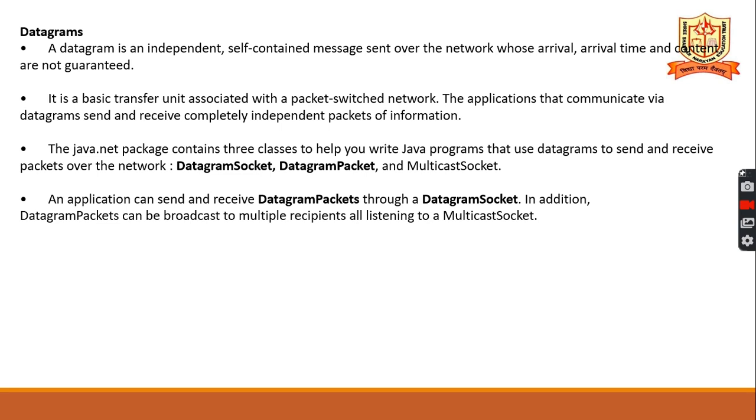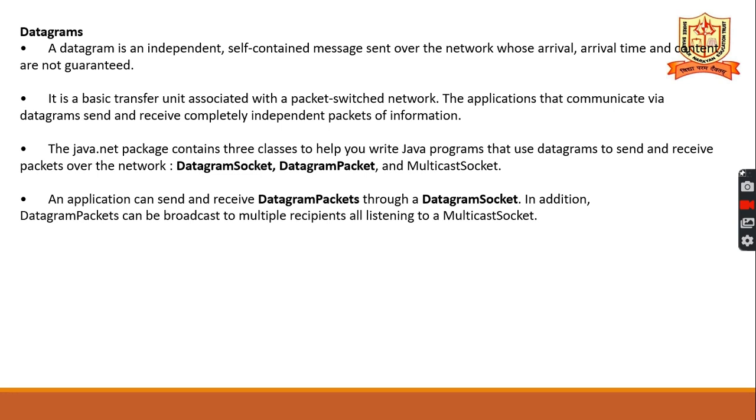The java.net package contains three classes to help you write Java programs that use datagrams to send and receive packets over the network. There are two important classes here: DatagramSocket and DatagramPacket.